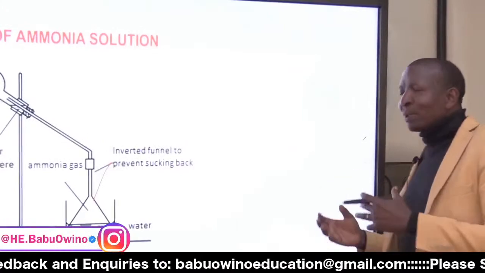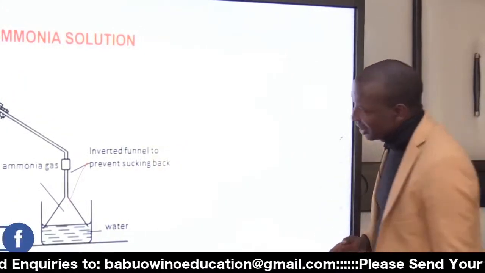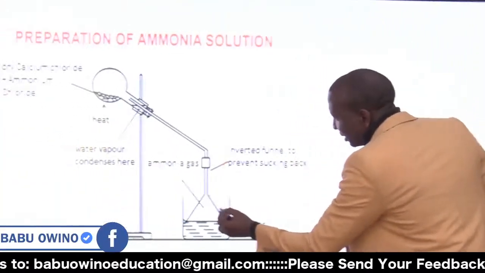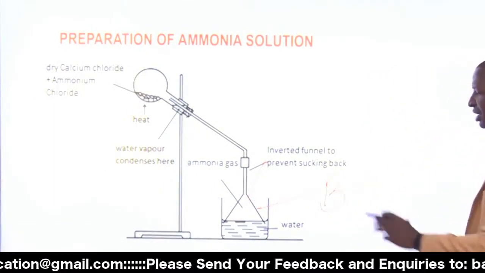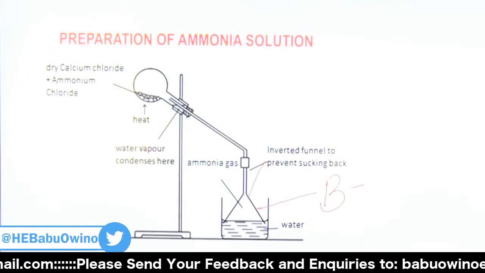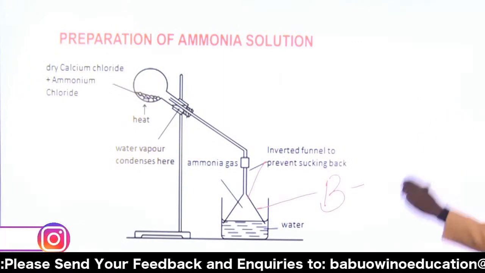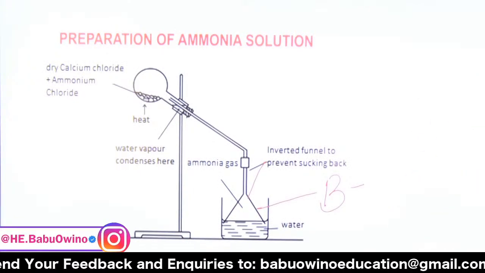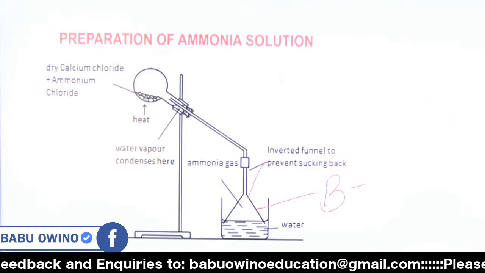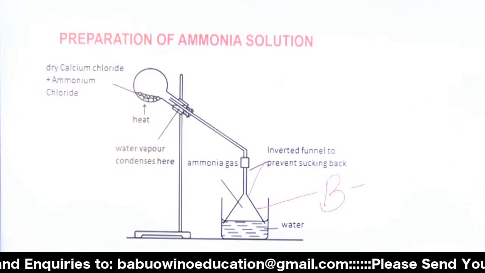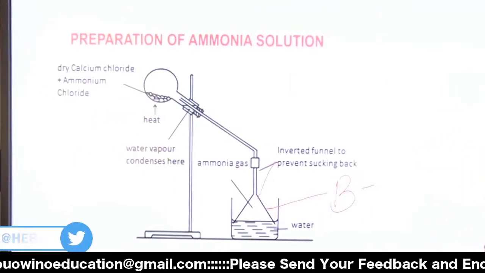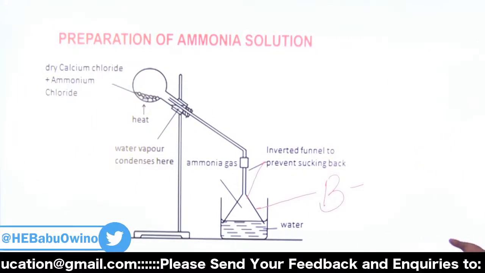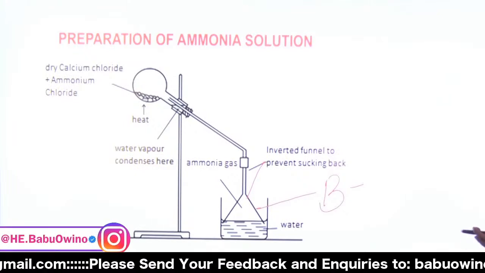A common trick by the examiner will be: identify apparatus B. Common mistake. Many students say this is called an inverted funnel, and you get a 0 for that.